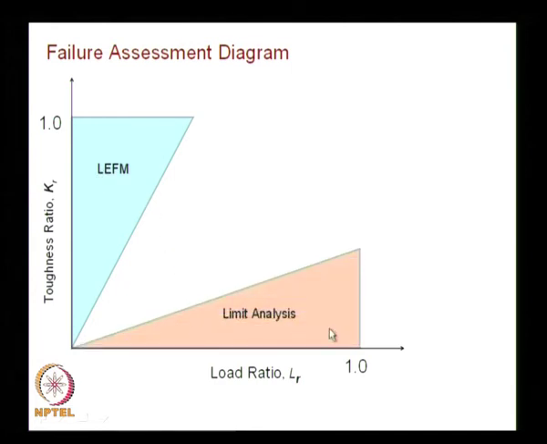If the loading is very close to the yield strength of the material, it is essentially dictated by plastic collapse. So, between the regions of LEFM and limit analysis, you have a region dictated by elastoplastic fracture mechanics. In this region you have to depend on elastoplastic fracture analysis, and we will also look at what the variation is.